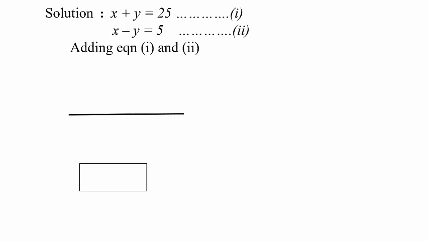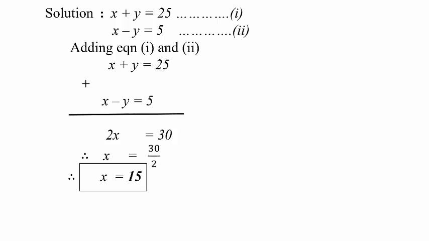Then we write here, adding equation 1 and 2. So we add these two equations, by the vertical method. So x plus x is 2x, and y minus y is 0, which means y and y cancel, and 25 plus 5 is equal to 30. So we get 2x is equal to 30.